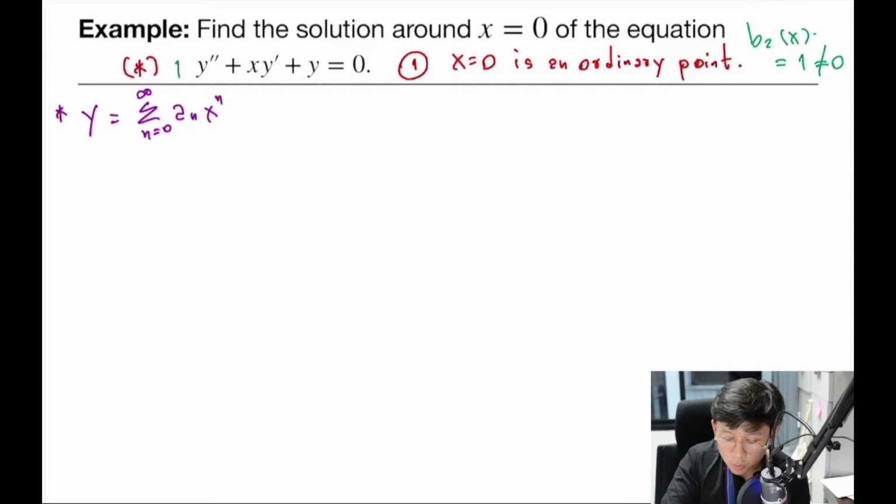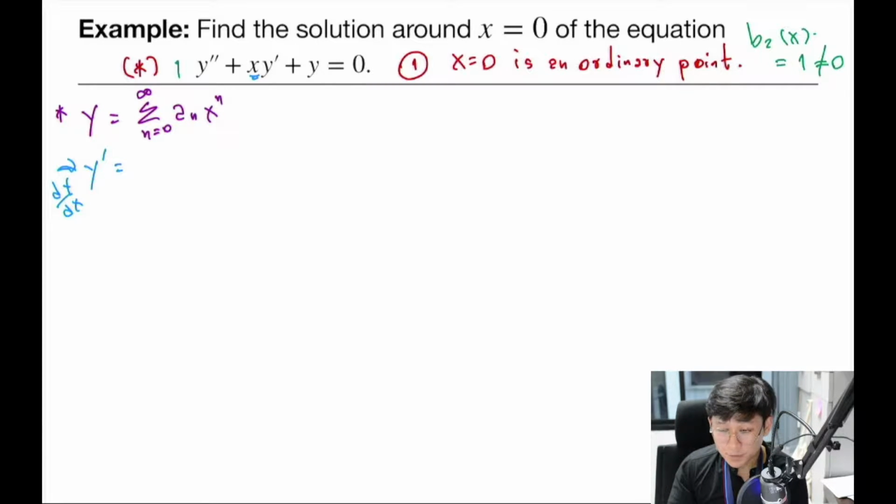So what is y prime? Guys, when I say y prime, I mean dy by dx, because right now our dependent variable is y and the independent variable is x. As you can see, we have one x here. So if you want to differentiate y with respect to x, you need to differentiate that summation.